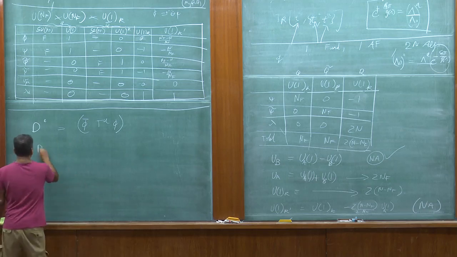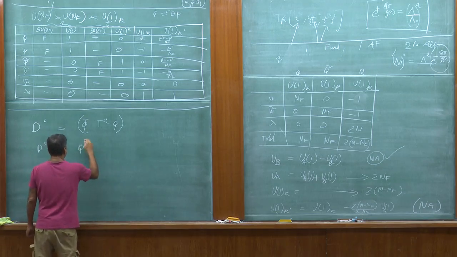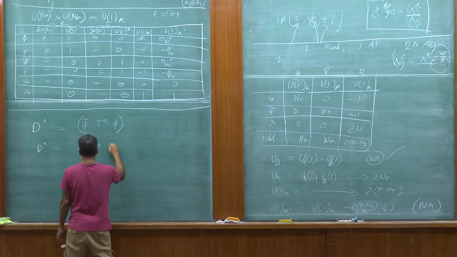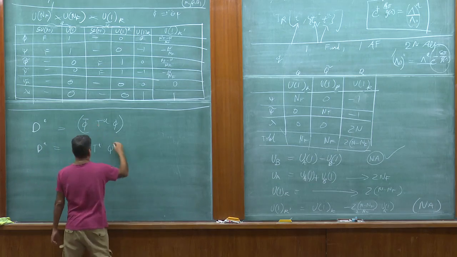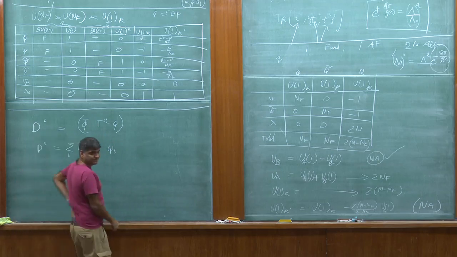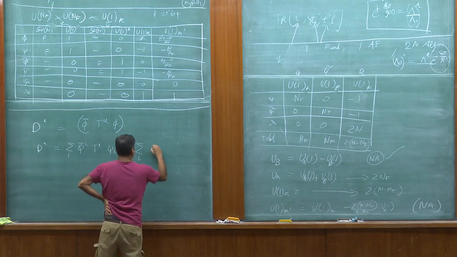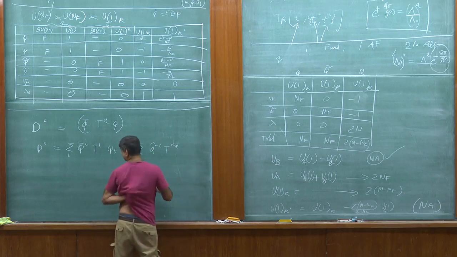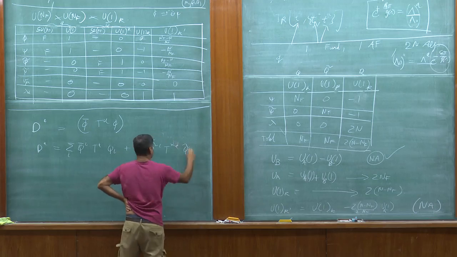So D^A is going to be equal to the sum over i of Q bar i T^A Q i, plus the sum over i of Q tilde i T star A Q tilde bar i.